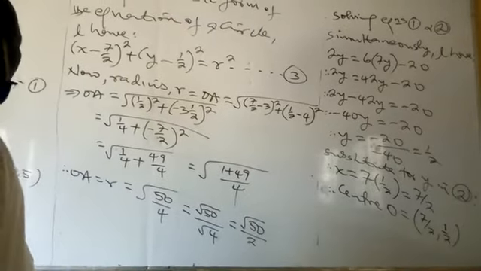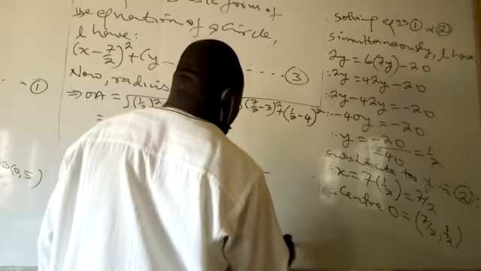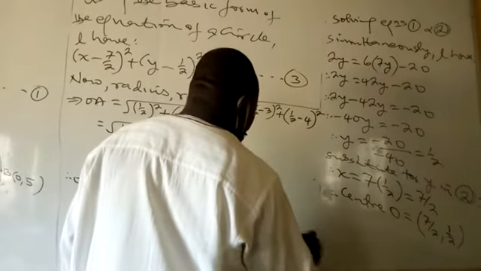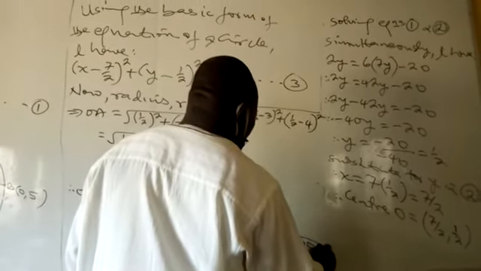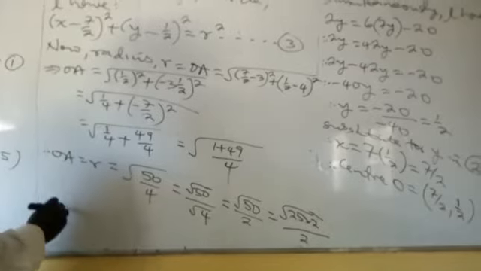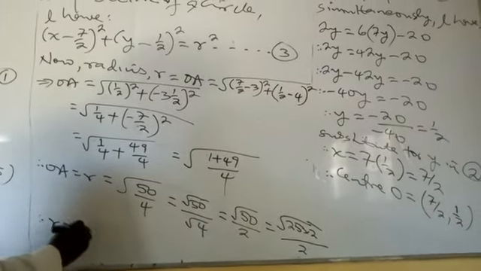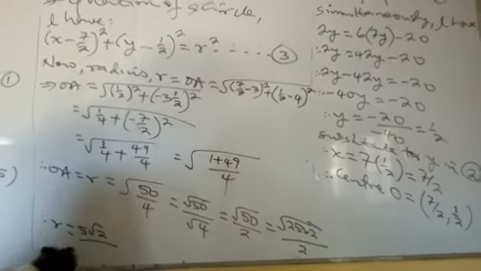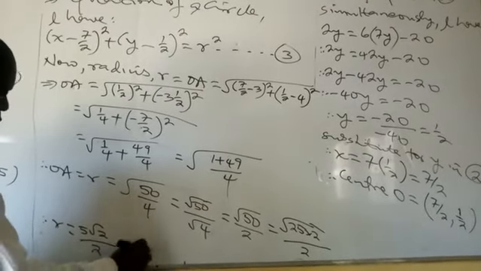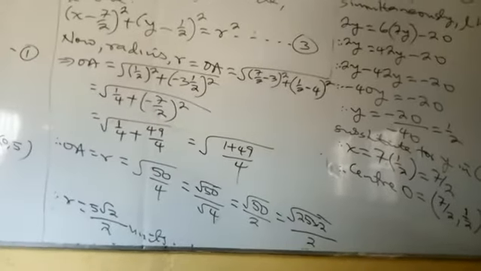Further simplifying, that is the root of 25 times 2 all over 2. Therefore, my radius is 5 root 2 over 2 units. So this is my radius.